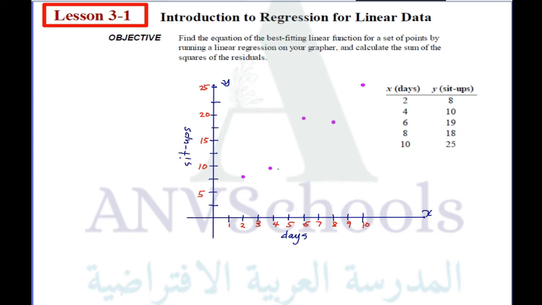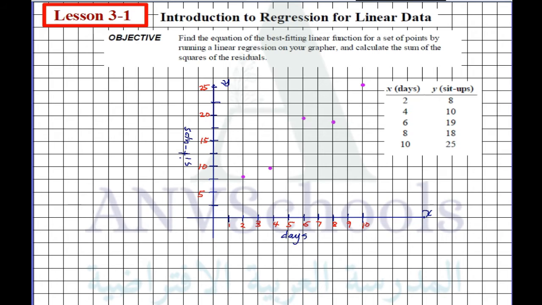So when we graph the data, it appears to be scattered. It doesn't fit a linear function at all. Let me start with plotting 2 and 8. We have this guide here, so 2 and 8 is somewhere here.